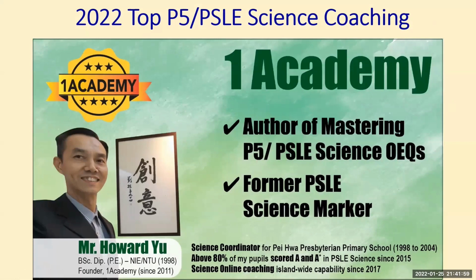In P5, the student learns science from January all the way to October before the SA2. But for P6, they finish the whole P6 syllabus by mid-April or latest by end April. So the content in P5 is double that of P6, because in most schools P5 and P6 have the same number of science periods per week.